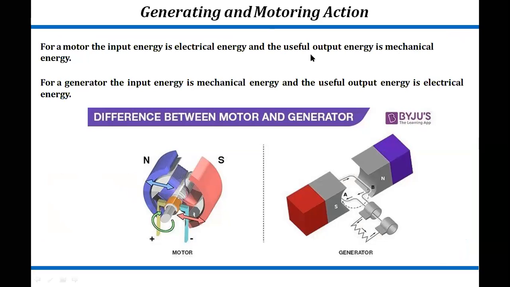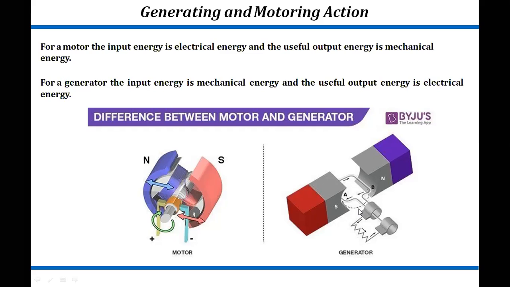The construction of the DC motor and the DC generator is exactly similar. Only what is the difference? Here we are using electrical energy. But when we use the DC generator, it will use mechanical energy and provide output in the form of electrical energy.